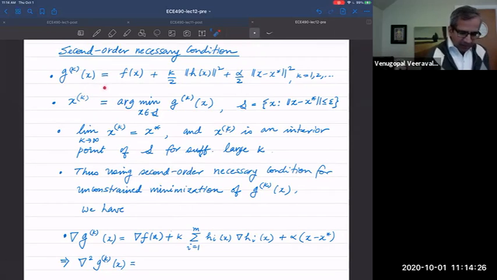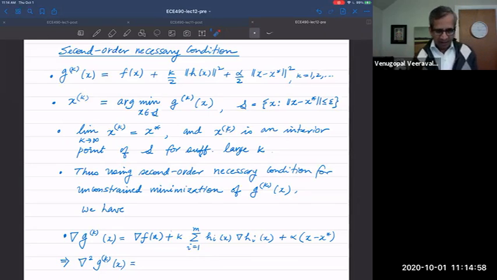All right, so let's look at the sequence of unconstrained optimization problems we had earlier. This is just a repeat of what we had from last class. We know that if x_k is the minimum of this constrained optimization problem, with S being the epsilon ball around x star, then x_k converges to x star, and x_k is an interior point of S for sufficiently large k.